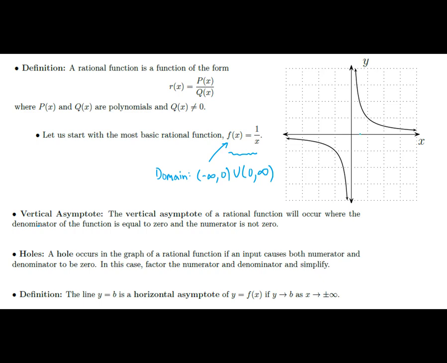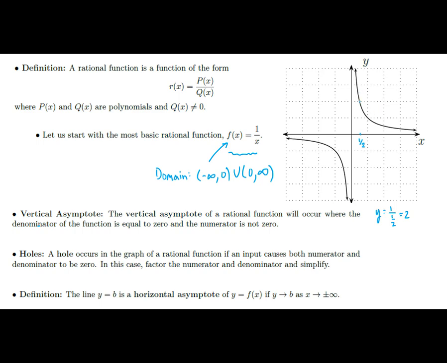So if I go to x equal to a half, then my y value would be 1 over 1/2, or 1 divided by a half. And we know that when we take 1 divided by a half, we end up multiplying by the reciprocal of 1/2, and so we get 2.